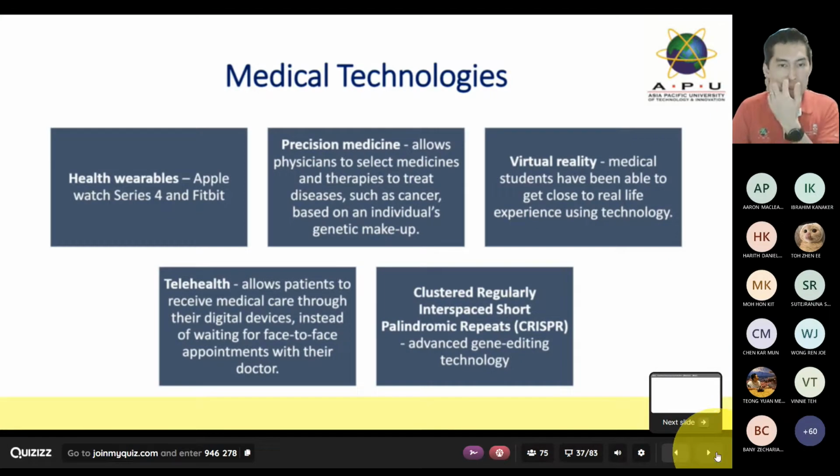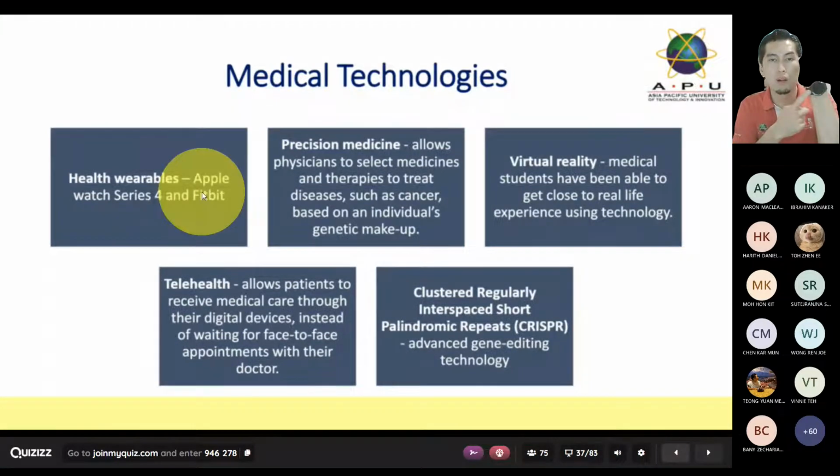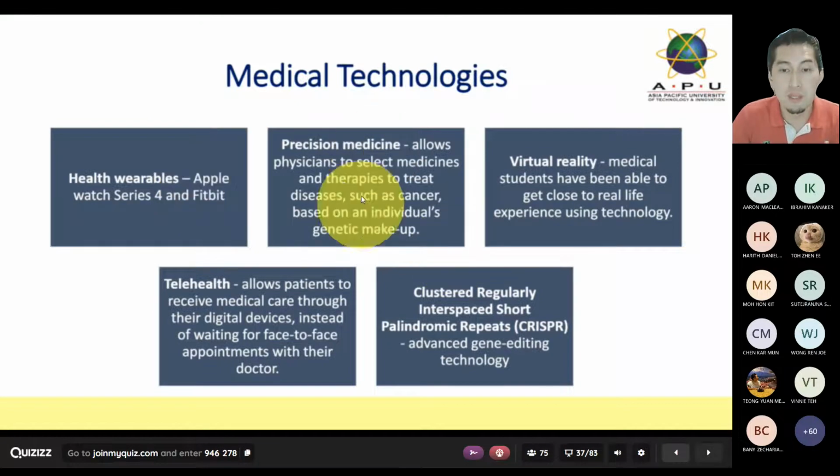So medical technologies, a few more examples are provided here. Health wearables, I was just highlighting wearables and smartwatches, for example, or fitness trackers. Precision medicine is becoming very popular now as well, because they want to be very specific and customize how a treatment can happen.